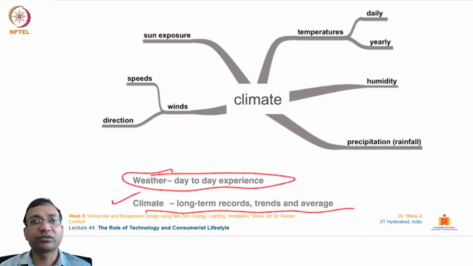So this is the climate, and these are its elements. The climate is a long term record and trend of the different averages of the elements of climate and weather which happen on a day-to-day basis.